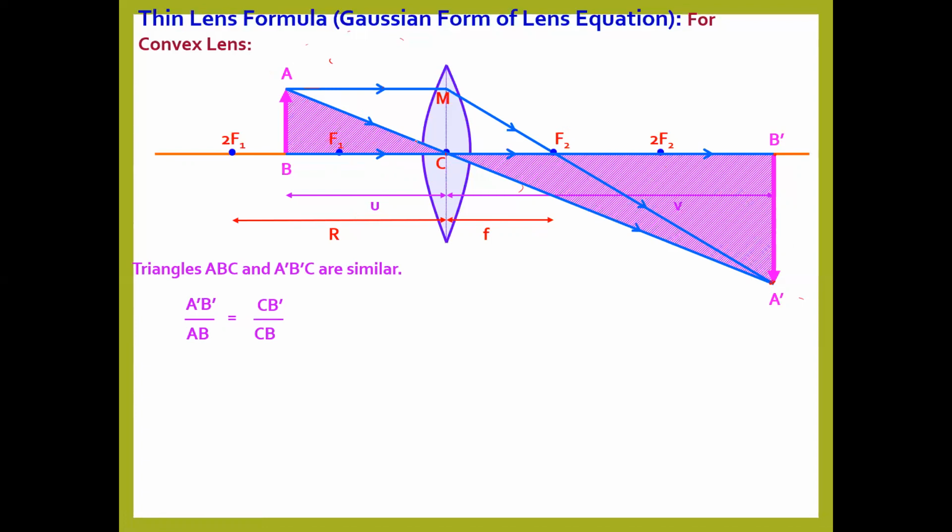Because these two triangles are similar triangles, with this angle and that angle being 90 degrees, the ratio of these to that will be equal to the ratio of these to that. Also, these two green portions are similar triangles, so the ratio of these to that will be equal to the ratio of these to that part and this part. And also this CM and this AB are equal because it's a rectangle.